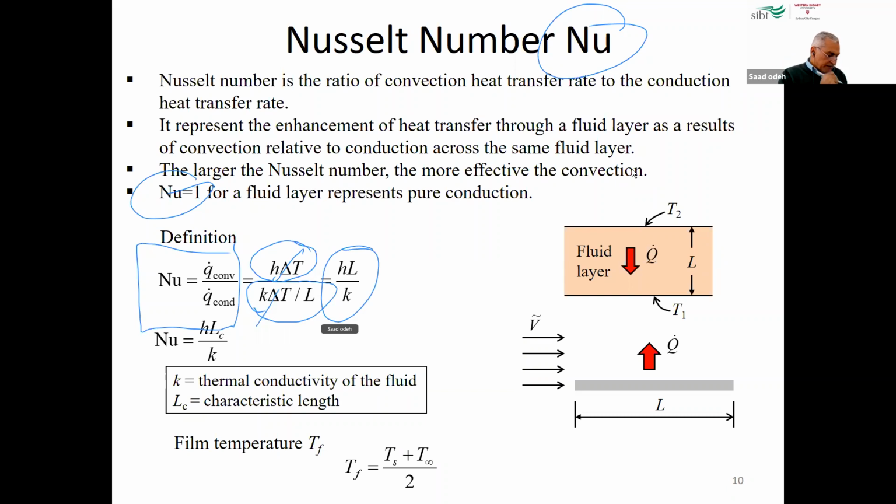So this is my last form of the equation, Nu equals hL divided by k. This is the equation I need to find h, the last one.